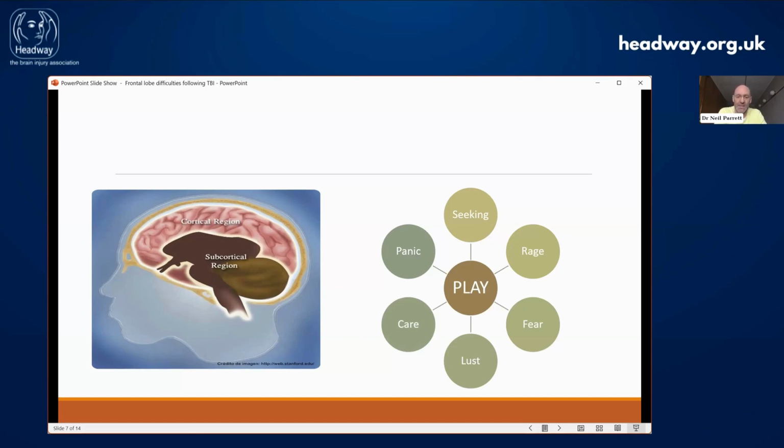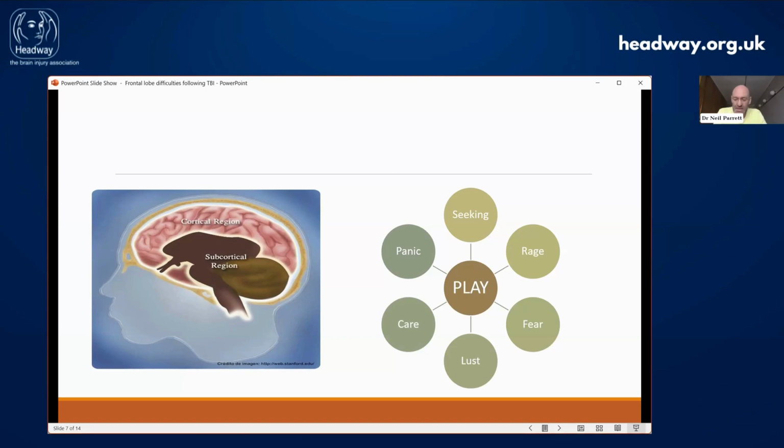Care is associated with a desire to look after our newborns, and these are emotional systems that are present in all mammals. And these, as I say, are unconscious, automatic, and directed from our subcortical regions.